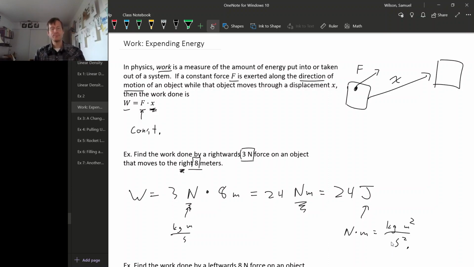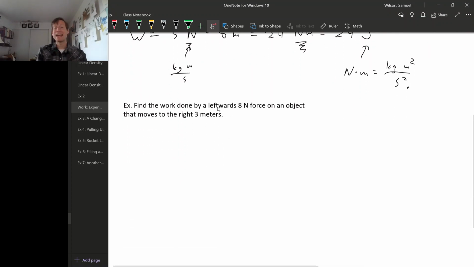Let's look at another quick example. Let's find the work done by a leftwards 8 Newton force on an object that moves to the right 3 meters. Here we have to be careful, since a force can point forwards or backwards, and a displacement might be forwards or backwards, so we have to be careful about minus signs. Since it's a constant force, our work is force times displacement again.